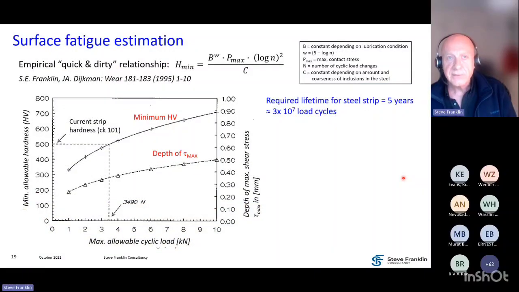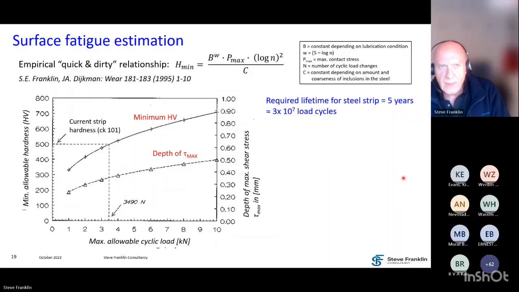So the next one is surface fatigue. There is a lot published and known about surface fatigue.